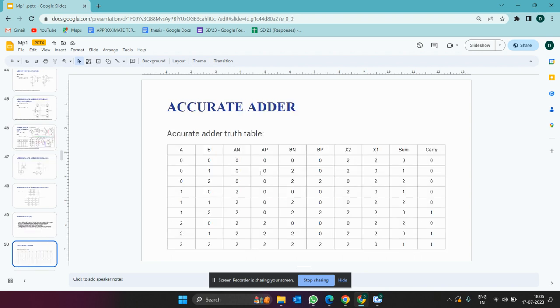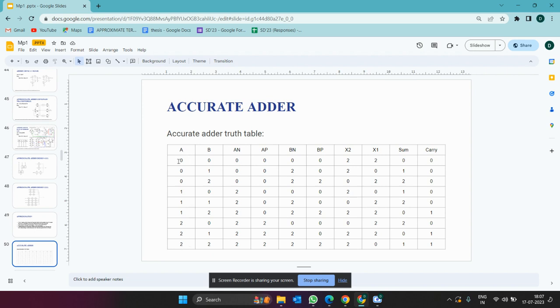So this is the accurate adder. Here AN, AP, BN, BP are the inversions of NTIs and PTI, where AN indicates the inversion of the NTI values of A, and AP indicates the inversions of the PTI values.